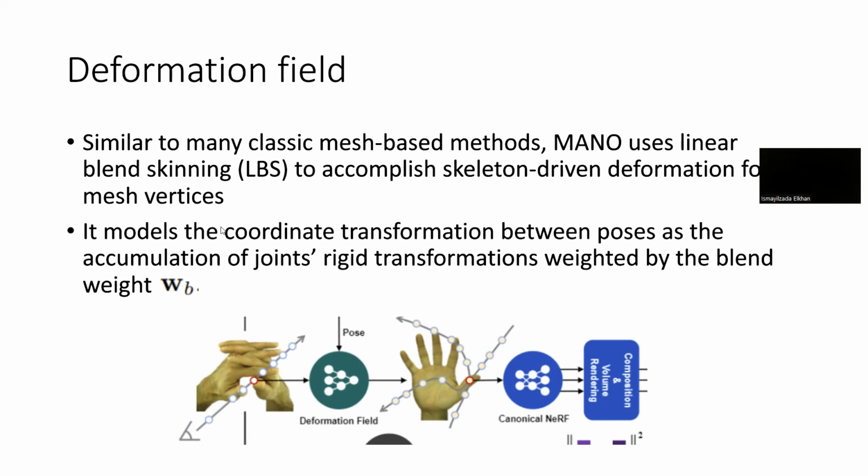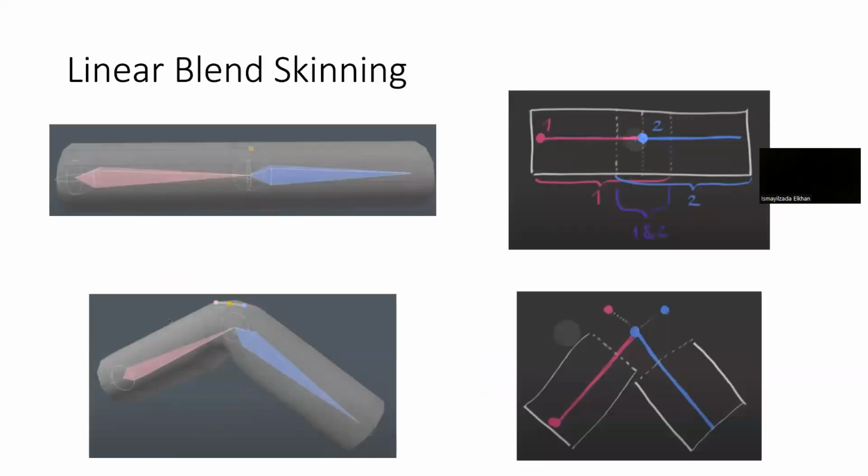So I'll come back to this, but let's review what linear blend skinning is. Let's say we have a mesh representation and we have certain joints. In the hand's case, those would be the 16 joints, which have 3 coordinate values each, of course.